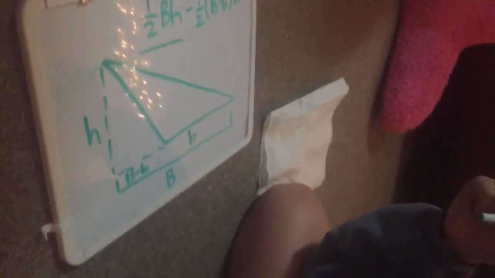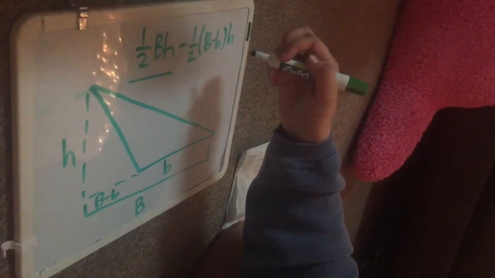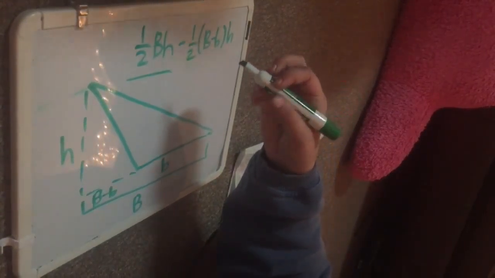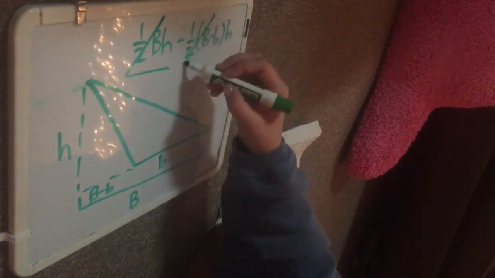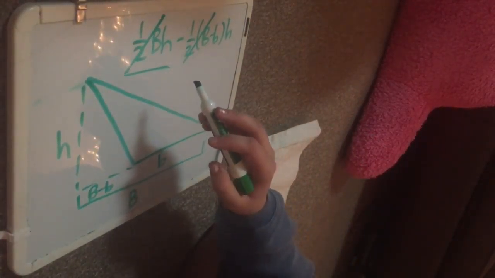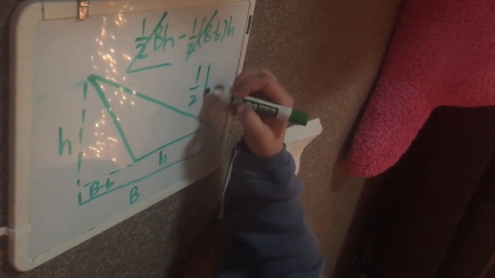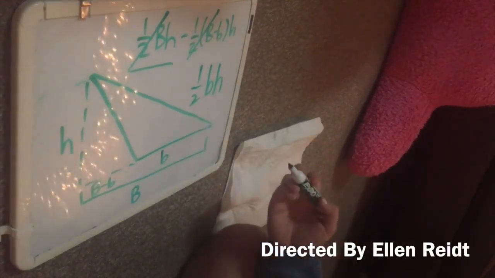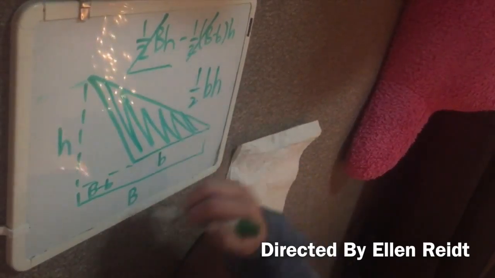So we know that it would cancel out the 1/2 big base times height and then the 1/2 big base times height. So you would be left with 1/2 base times height, which then again finds the area of just this section because we distributed out all the rest.